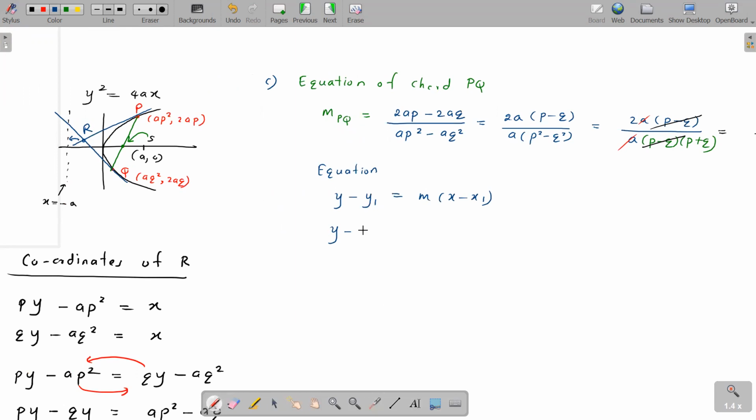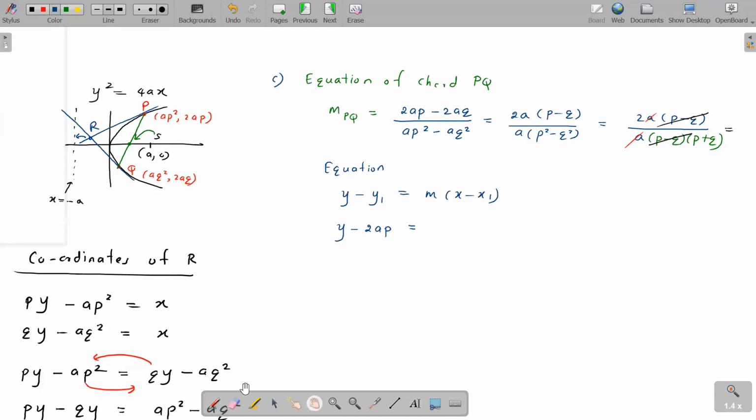So Y minus Y1 is 2AP. Gradient was what? 2 over P plus Q, into X minus, what is X1? X1 is AP square. Do you agree with me? Okay, so now let's take the P plus Q to the other side.